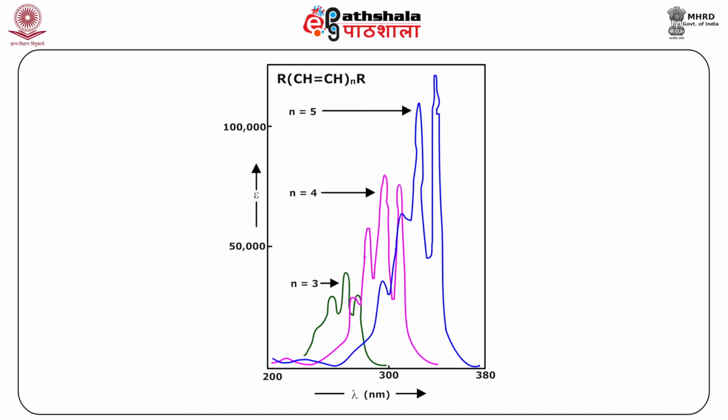This effect of conjugation can be shown by the spectra of polyenes, which can be depicted by the general formula CH3, CH double bond CH, n, where n is 3, 4 or 5, then again CH3.